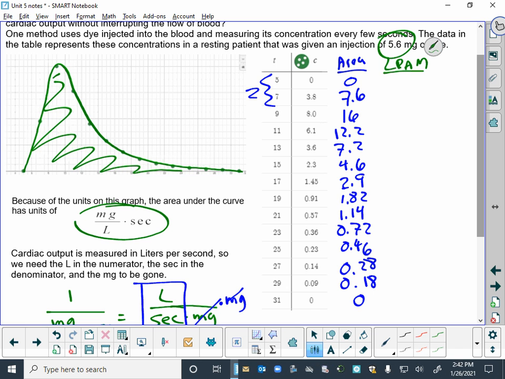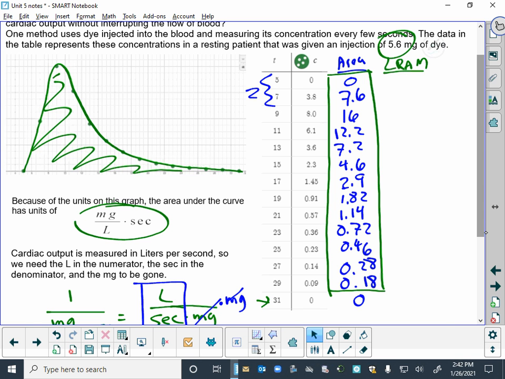And so my LRAM, if I want my left-hand sides, then I'm never going to use the last one, and I'm going to add up these. Now we're going to see something interesting in this one, because if I want the RRAM, then that is never going to use the first point, so this one is not going to get used by the RRAM, and so it's going to use all of these.